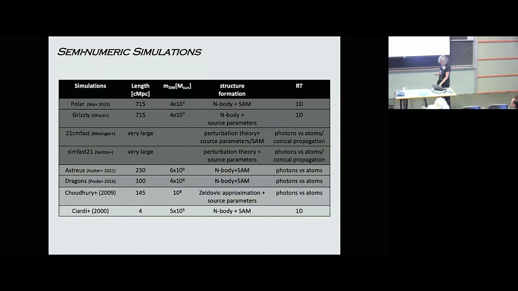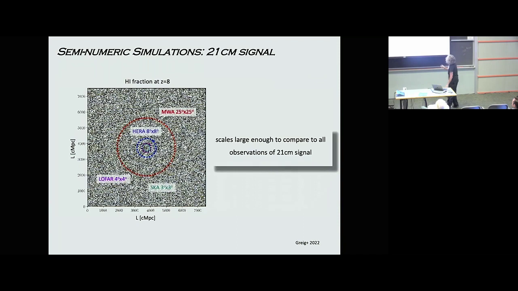So just to give you a couple of examples, this is probably the largest semi-numeric simulation, more than 7 gigaparsec on a side. This is a slice of neutral fraction at redshift 8 compared to the field of view of some of the radio telescopes that are aiming at detecting the 21 centimeter signal: LOFAR, SKA, HERA, and MWA.